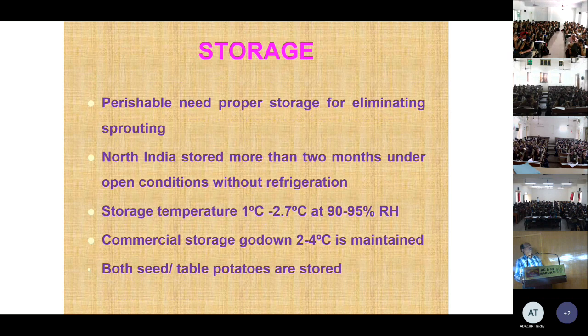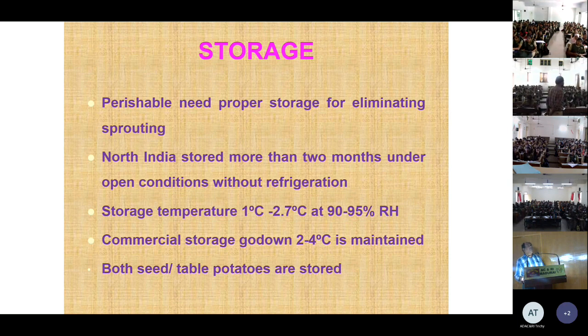Next, it is a perishable crop, so it needs proper storage to prevent sprouting. Sprouting is a major problem during storage. In North India, the tubers are stored for more than 2 months under open conditions without refrigeration.